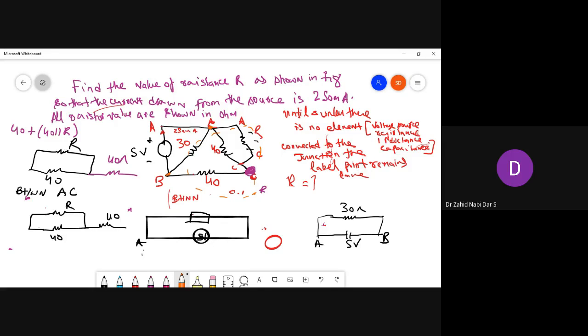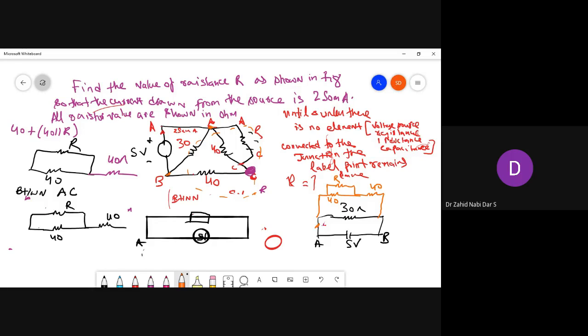So again, this 40 parallel with R and 40 combination is connected between points A and B. So this is in parallel with this. This is 40, this is R, this is 40.